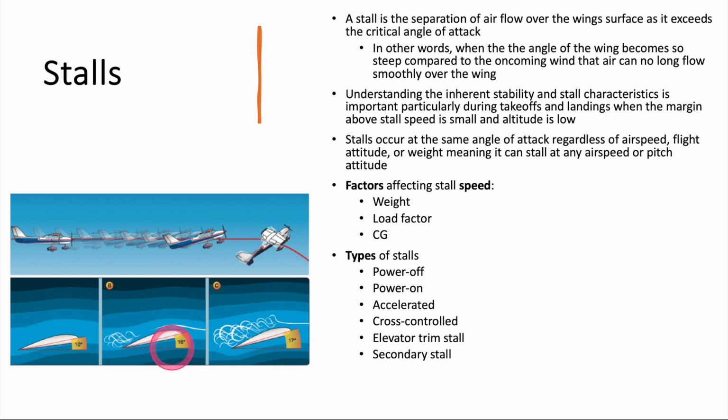This one is showing 16 degrees angle of attack, and then this one is 17 degrees angle of attack. There comes a point where the air is no longer able to flow smoothly over the top of the wing. It begins to separate or become turbulent. When that happens, you have a rapid decrease of lift being produced, and you reach critical angle of attack.